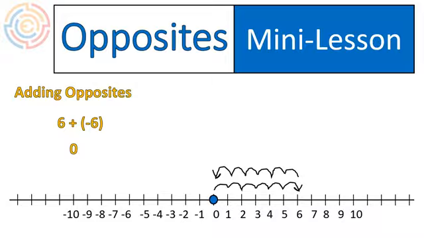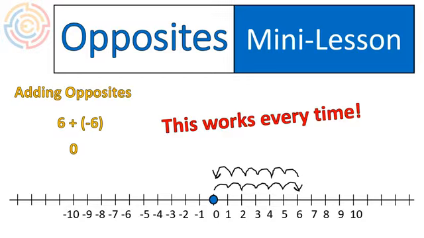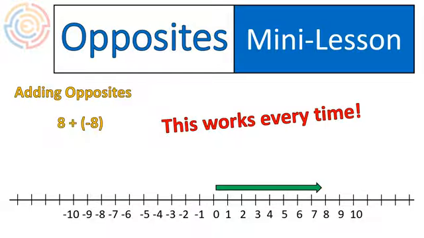That's what adding opposites does, and it works every single time. Let me show you some more examples just so you can get kind of really bored of this. If I have 8, I go up to 8, and then I add negative 8. I'll end up back at 0. Let's try another one. 3 plus negative 3.